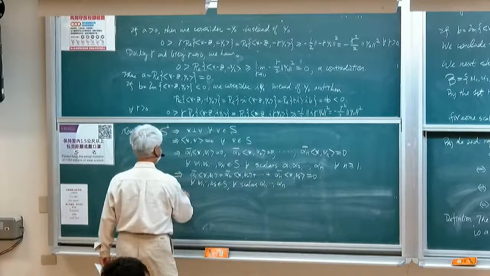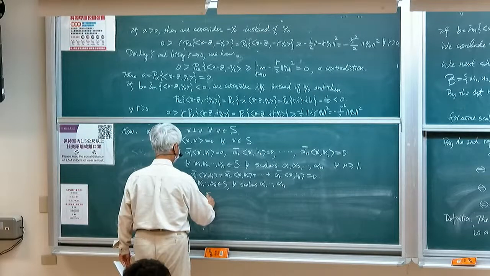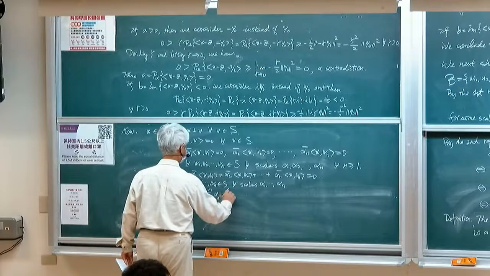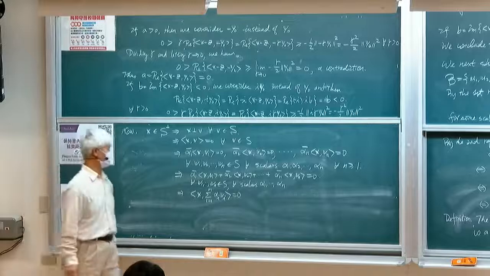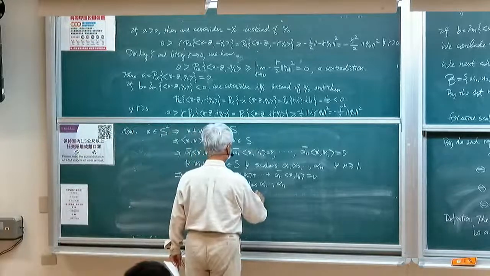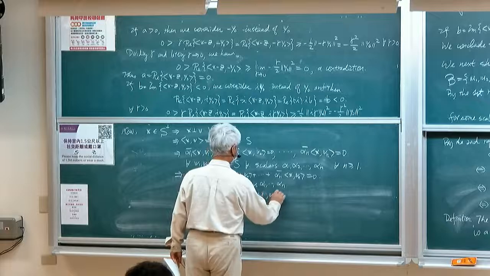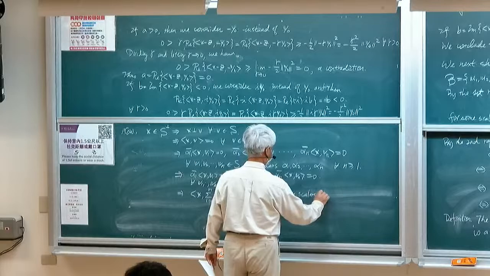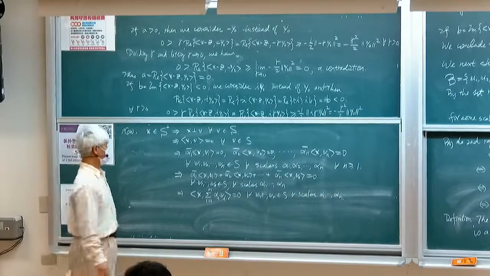Okay, and this by the conjugate linearity, okay, for all v1. So we have that.